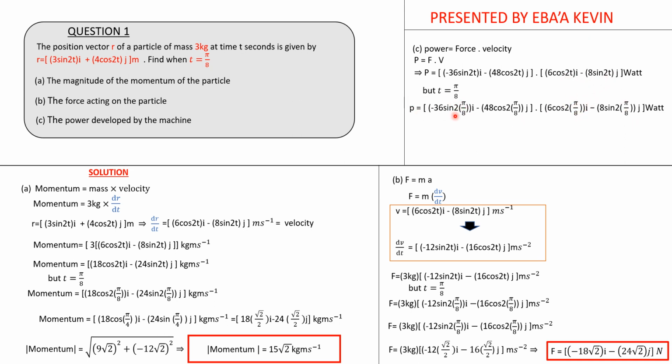So you are going to come back to the same stuff here. We are going to have sine pi on 4 here, you are going to get cos pi on 4 here. Similarly you are going to have cos pi on 4, and similarly you are going to have sine pi on 4. So doing that implies that we are going to have this expression.